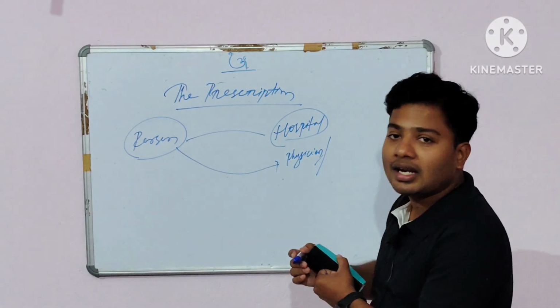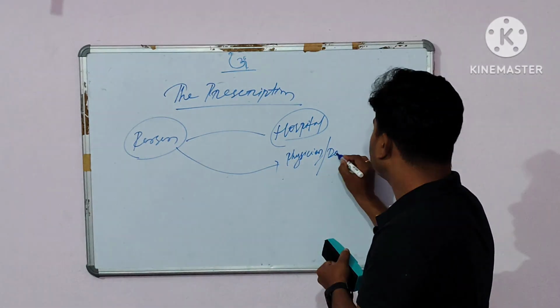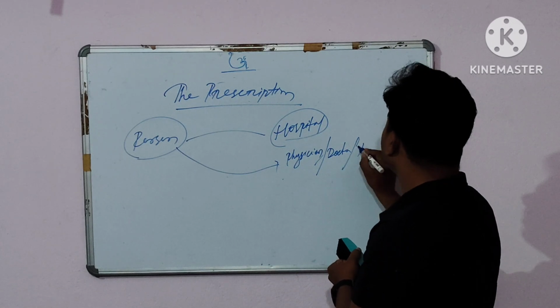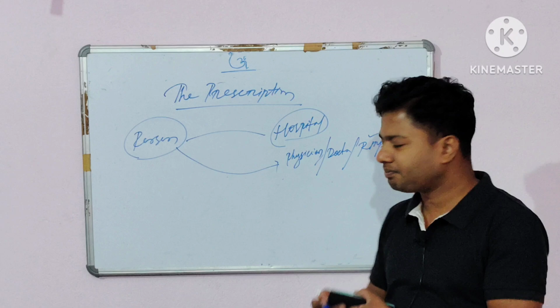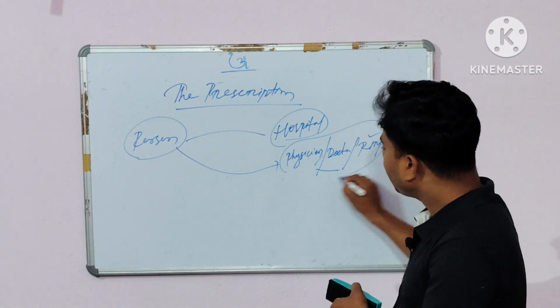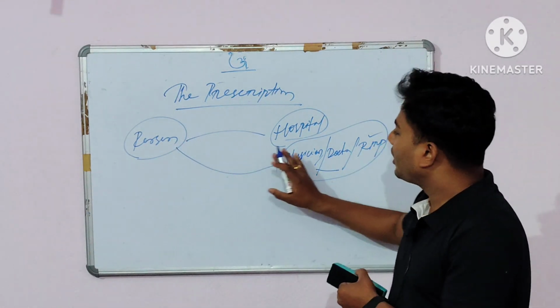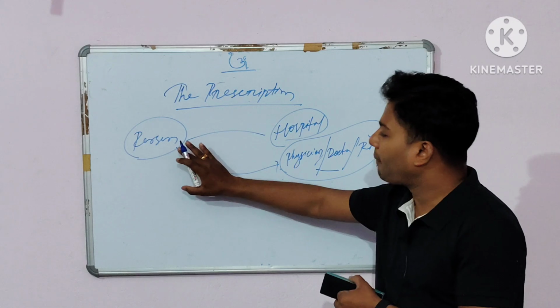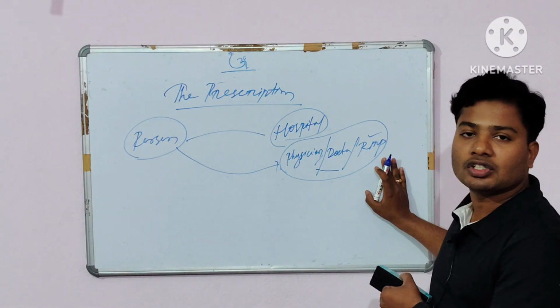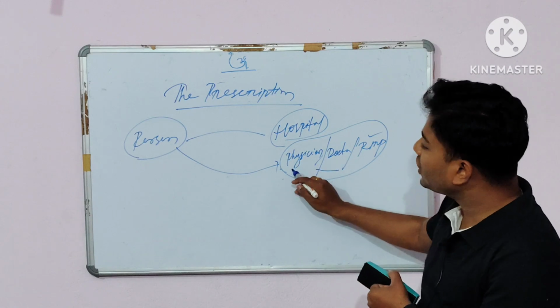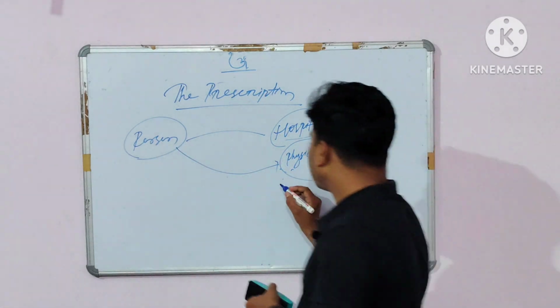So who is the physician? The doctor is the physician, or you can say RMP, that is, registered medical practitioner. Then the physician asks the patient, what is your name?